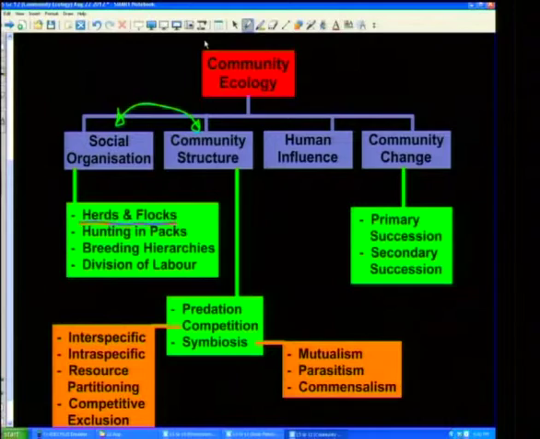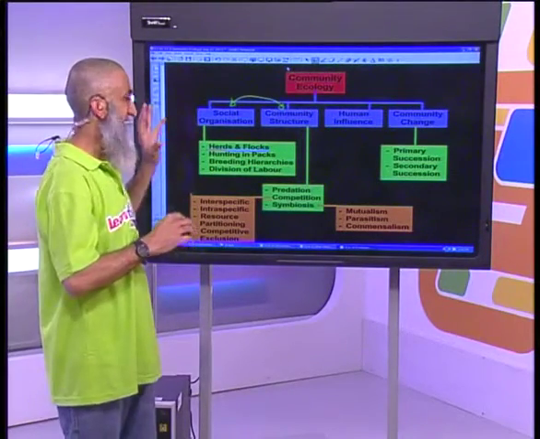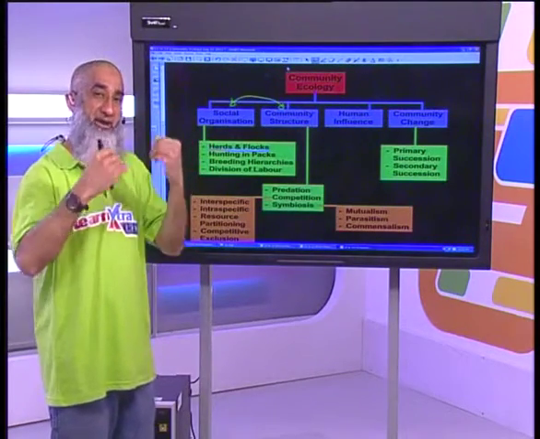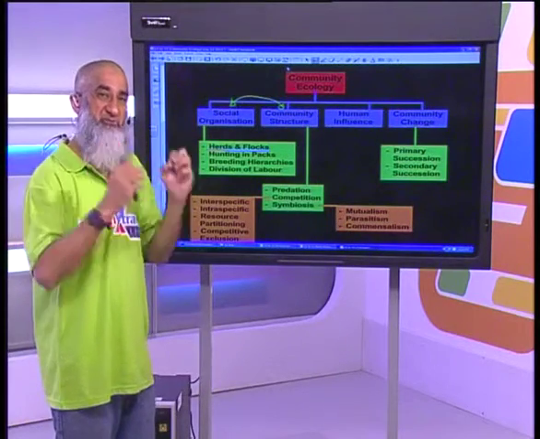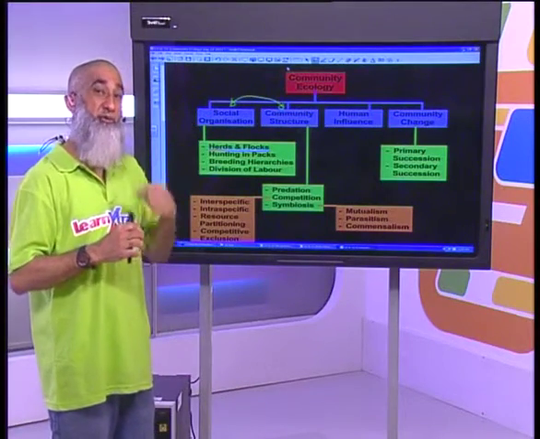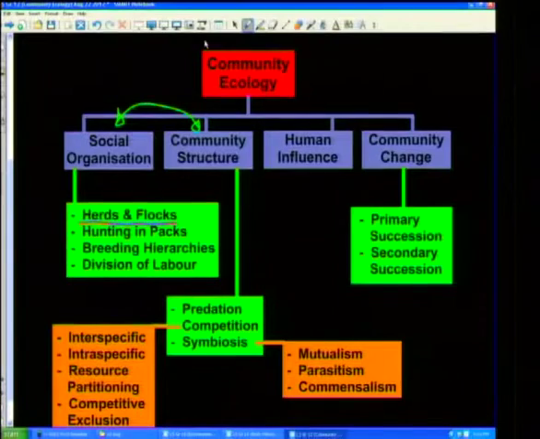Herds and flocks, where it is a protective mechanism. Herds and flocks are generally a way in which the prey, those that are being hunted, protect themselves against the predator. The next one is hunting in packs.